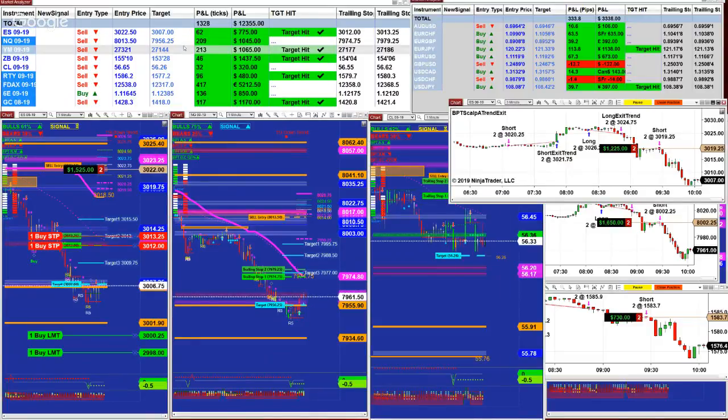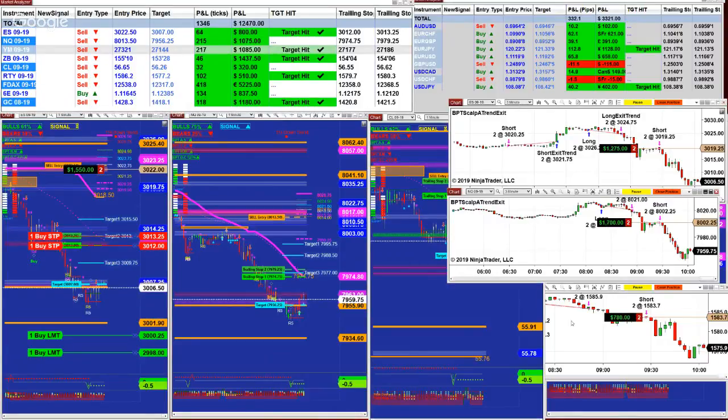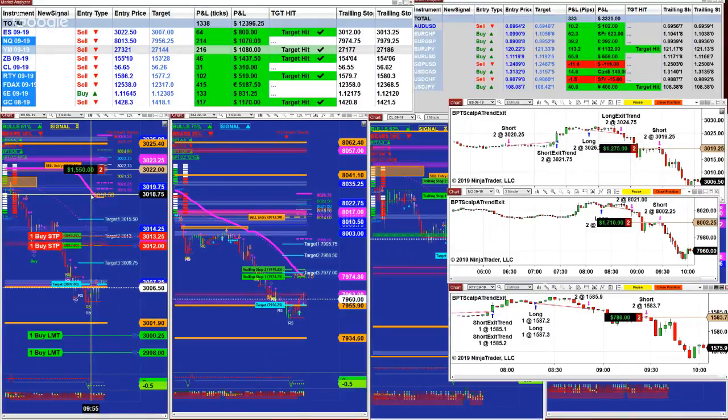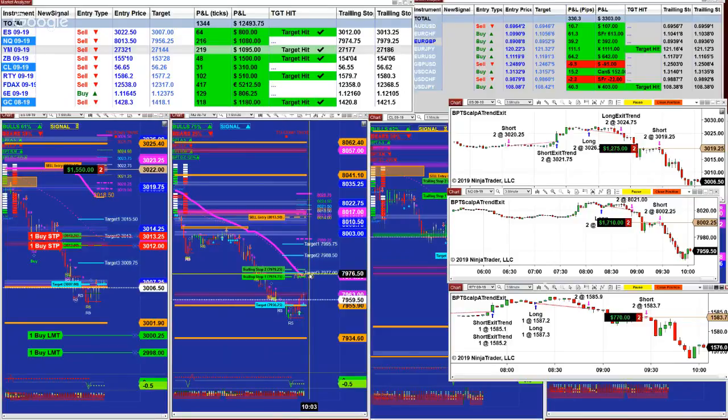The YM is 213 ticks based on one contract, 215, you can see it from the market analyzer. Target hit. So for the ES, the party is over as we expected, and it's getting really nasty with the Nasdaq. So we are about to go long very soon on this one here.